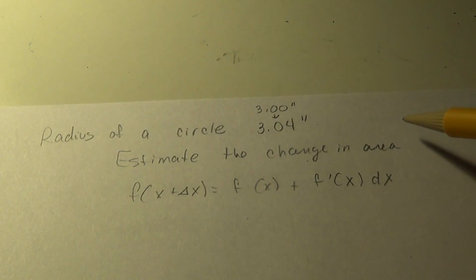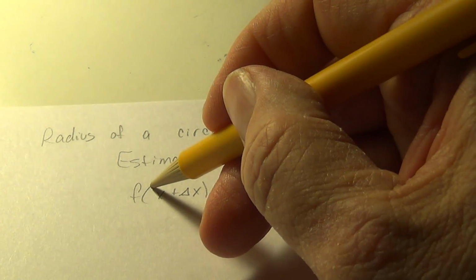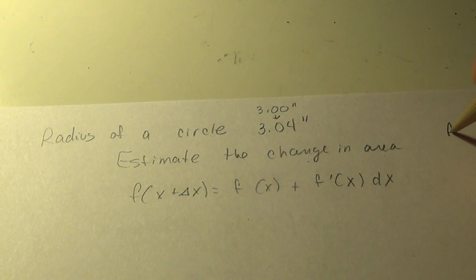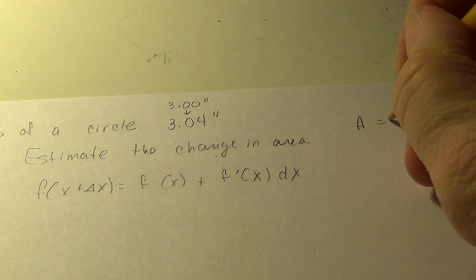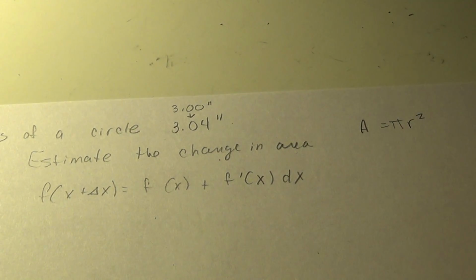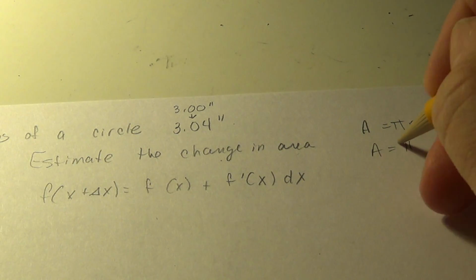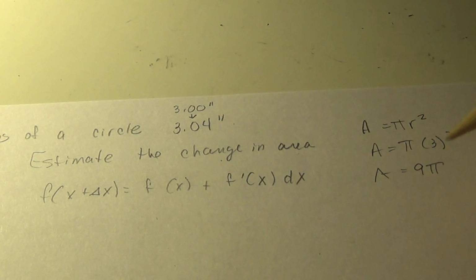So I'm going to indicate that I want the function. What is the function here? Since it's area, it equals pi r squared. In this case the area equals pi times 3 squared, or area equals 9 pi.